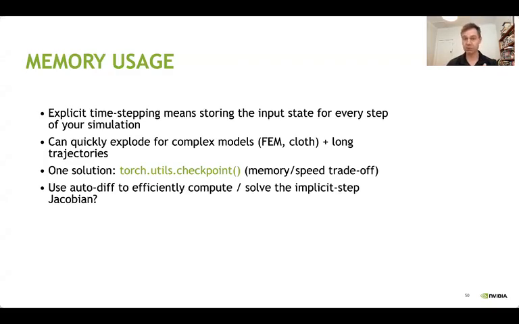Especially when combined with long trajectories and small time steps, this is potentially a big problem for explicit methods. A few solutions are things like checkpointing. PyTorch in particular is nice because it has a built-in checkpoint mechanism, and you can essentially save out your state and then replay from that point to recreate the intermediate states that you need to run the backwards pass.